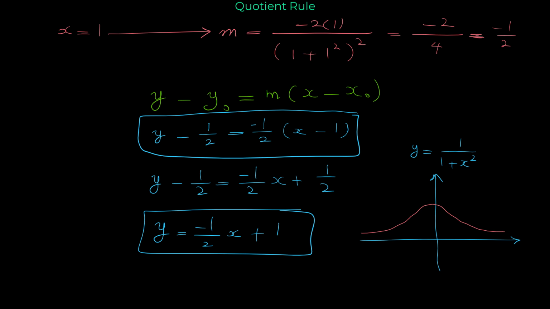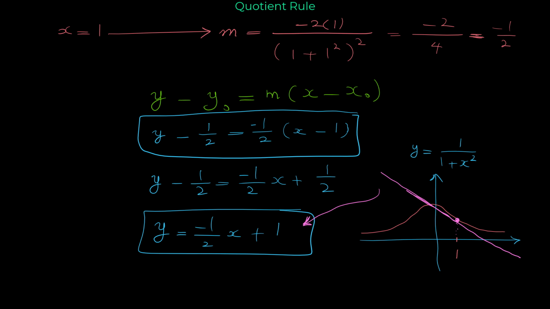Let's suppose 1 to be here. If we draw the tangent line at 1, this is the tangent line that we have here. And equation of this line is this. Attention, you don't need to know the graph of this function. I just drew it here to understand what is the graph, what is the tangent line, how they relate to each other. And so it's not necessary for you to be able to graph this function right now.